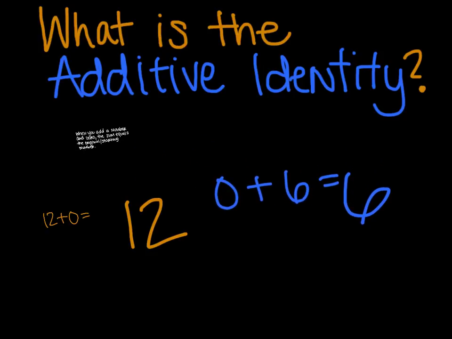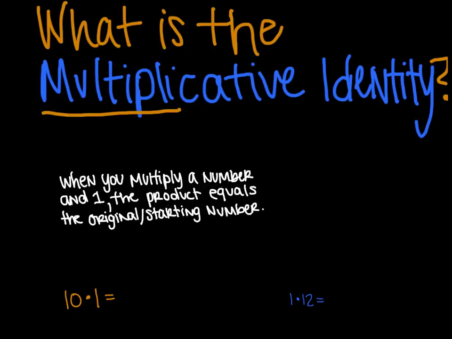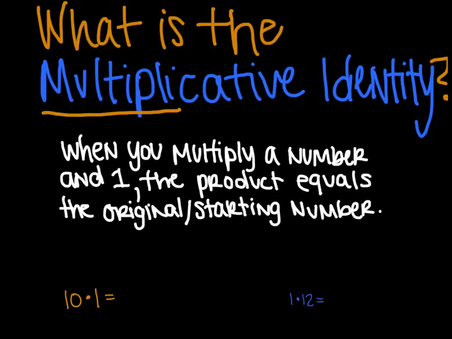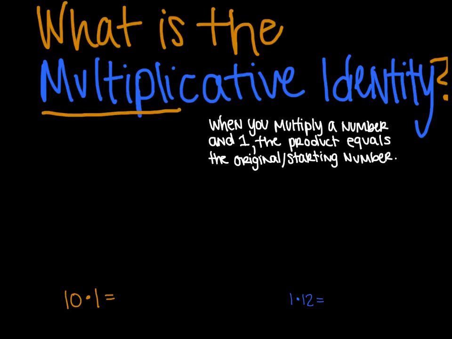You must be adding because it has the word add in there. Multiplicative identity has the word multiply. Okay, so it has to be multiplying. In this case, you are multiplying a number and 1. The product will equal the original or starting number. Identity is because it's always itself.